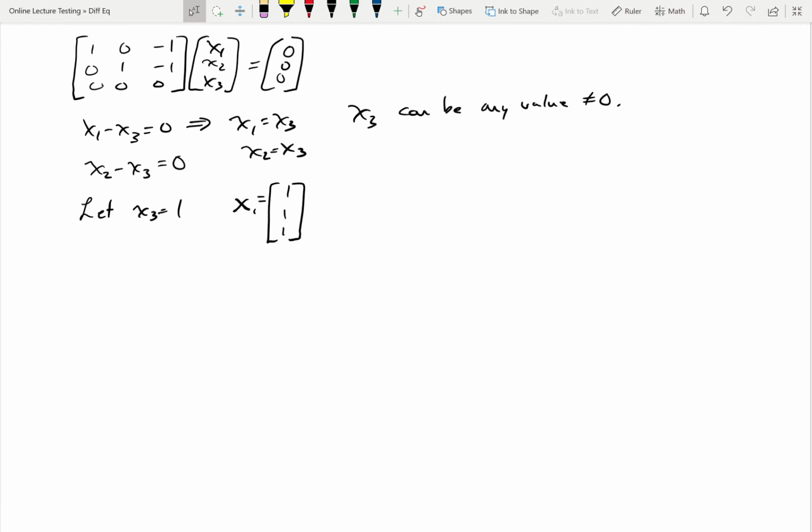Well, we have these repeats. So let's do this in red.